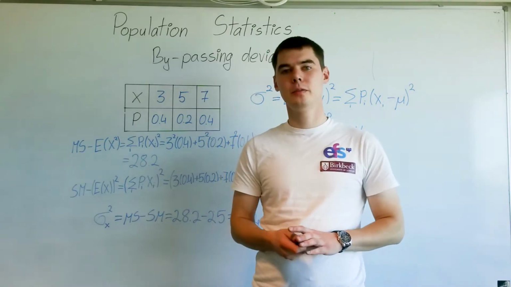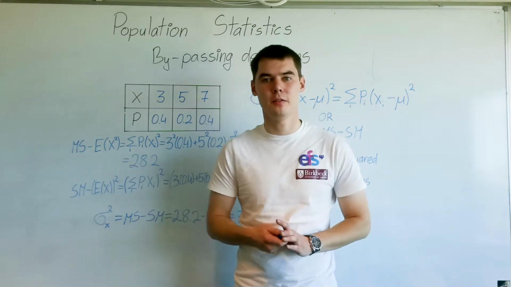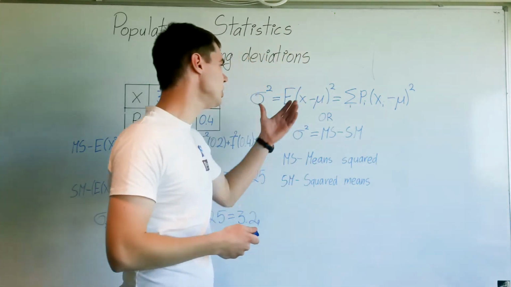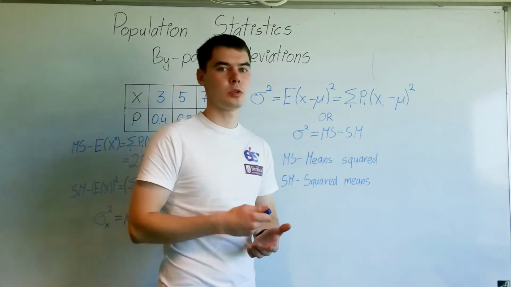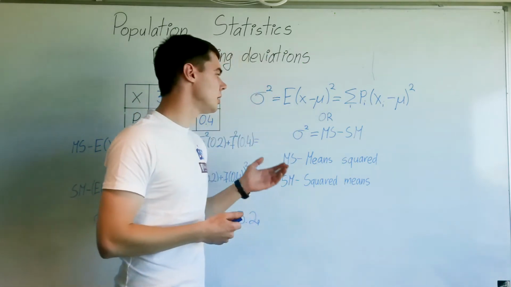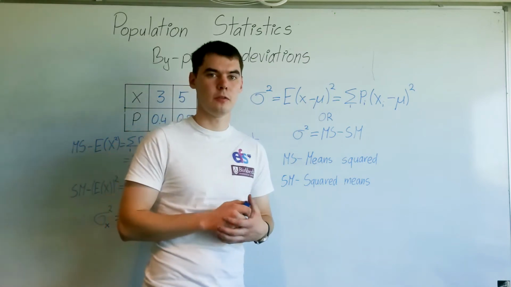In addition, we would like to show you how to calculate parameters by bypassing deviations. So instead of using the original formula for variance of the average of the squared deviations, we can obtain the same answer by subtracting squared means from mean squared.